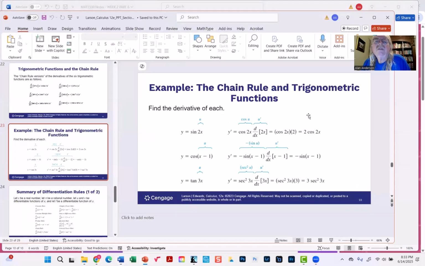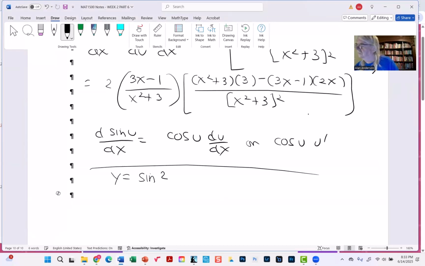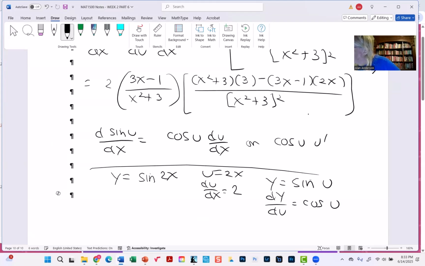Yes, they do. Here's sine 2x. So if we think of u as 2x, that means that y is the sine of u, and dy du is cosine u. And so we bring these together.